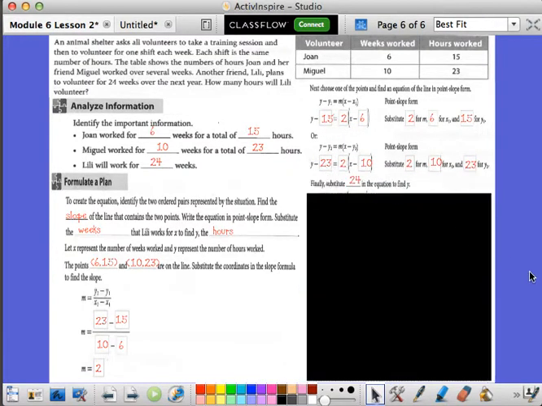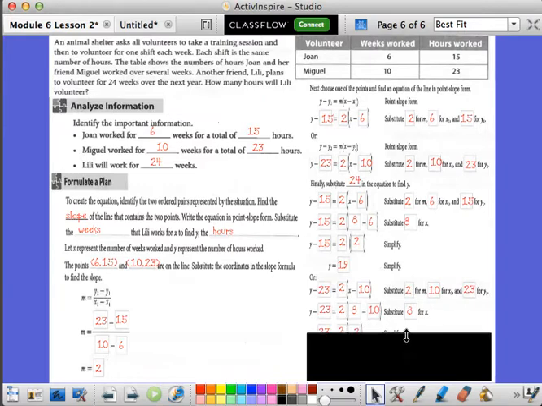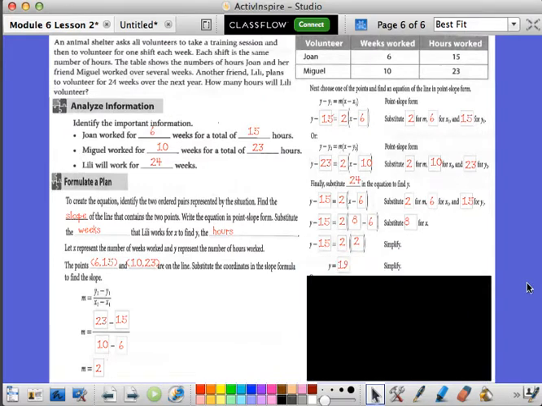So now I'm going to substitute 24 in for x to help me find my y. All right, so here I substitute in 24. Okay, so I do y minus 15 is equal to 2 times the quantity x minus 6.